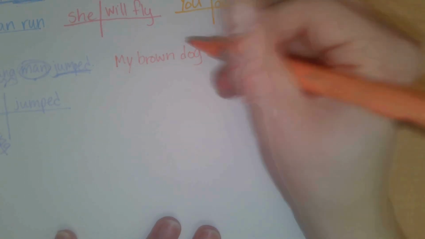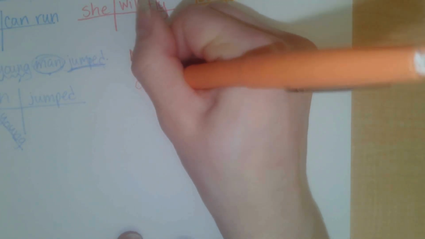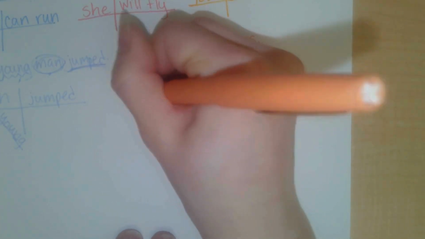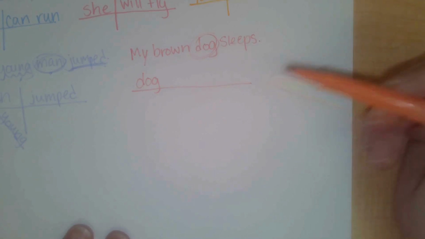What is our subject? The dog. It's the one doing something. It's the one sleeping. So we're going to write down dog. We're going to draw our horizontal line. And this time I'm going to do something different. This is just how I like to do adjectives because it makes sure that you have enough space in your diagram.